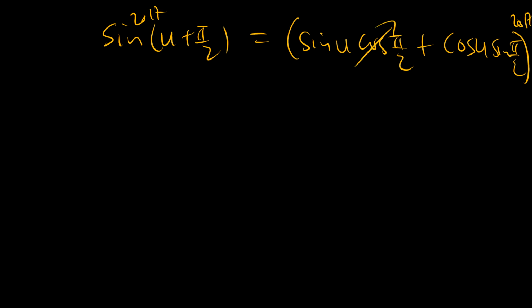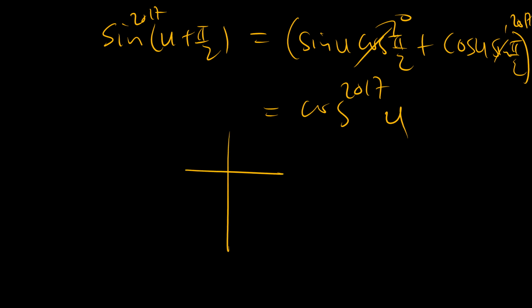This tends to 0, and this tends to 1, so we are left with cosine to the power 2017 u. And then the limits for x to u: when x is 0, u is negative pi over 2. When x is pi over 2, u is 0.